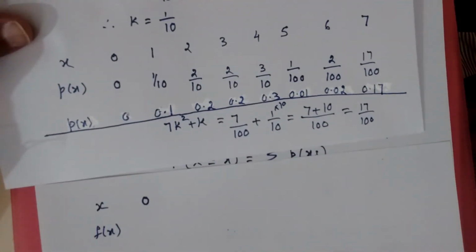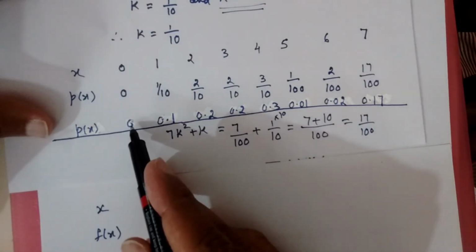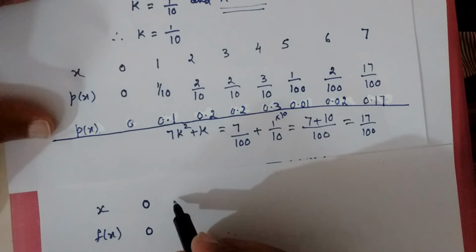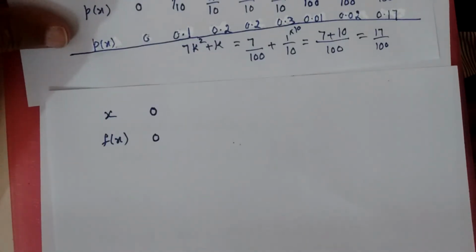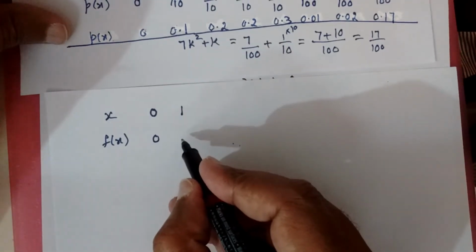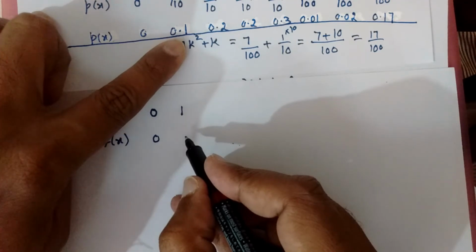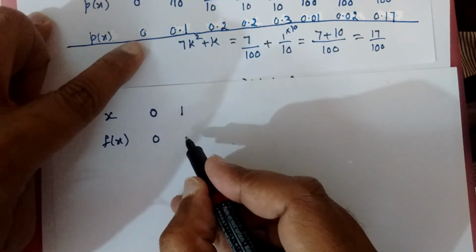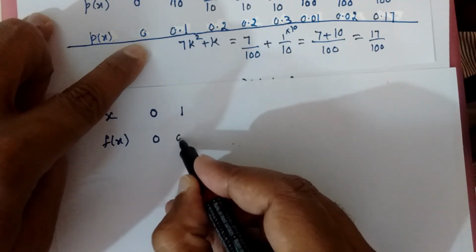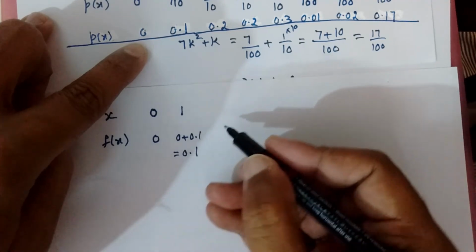Now coming to this value of f of x. So the first value of f of x will be 0 itself, no change. For the next value of x, which is 1, the corresponding value of f of x will be the sum of p of x values. So all the values starting from 0 to 0.1, so 0 plus 0.1, comes out to be 0.1.